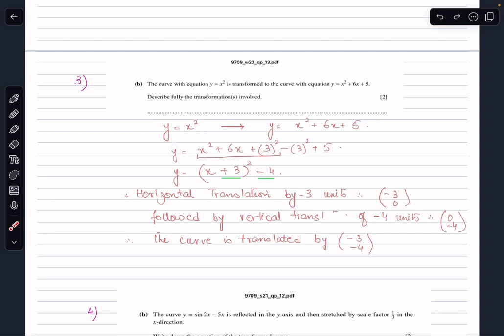Therefore we can say that the curve is translated by -3 and -4. This is how I will give the translation vector for the given function y equals x squared to y equals x squared plus 6x plus 5.